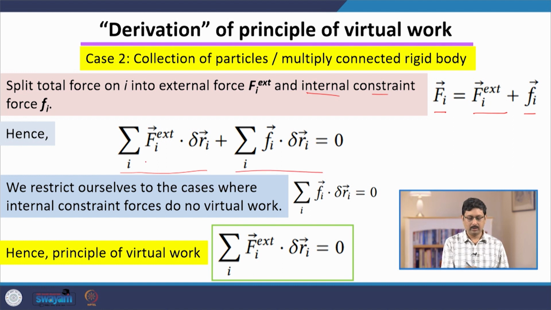One term is the contribution from the external force, and the other term is the contribution from the internal constraint force. And now, we restrict ourselves to the cases where internal constraint forces do no virtual work.